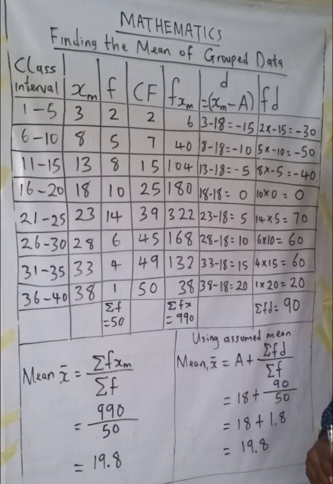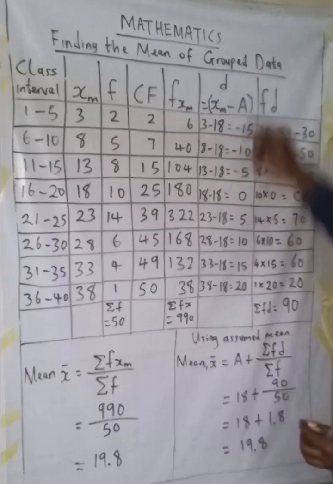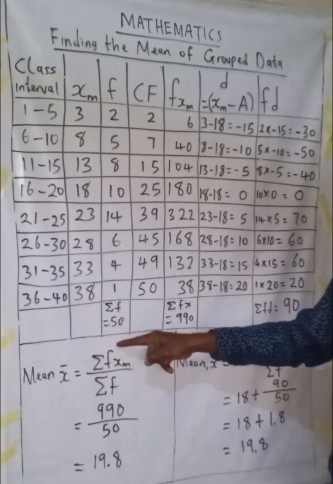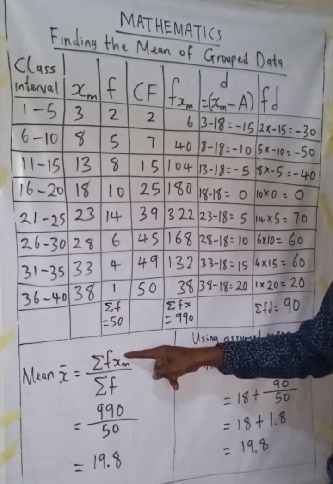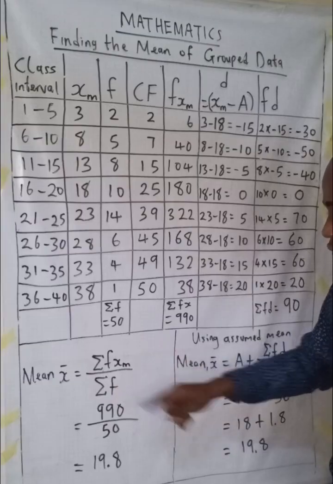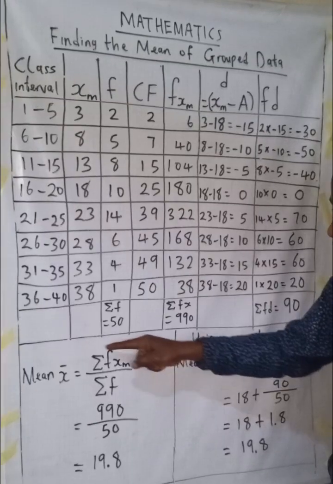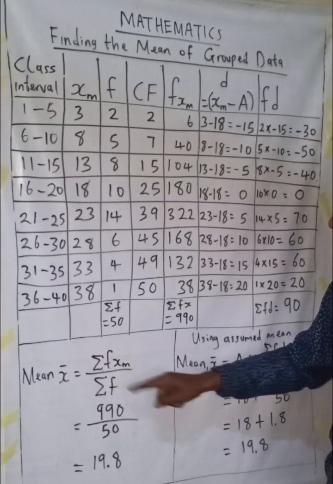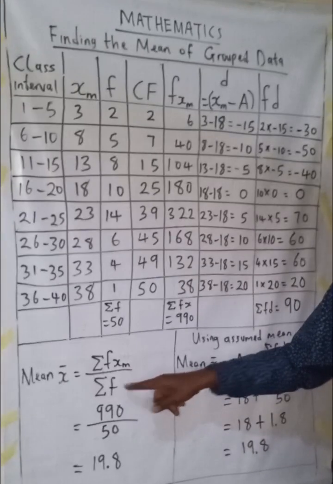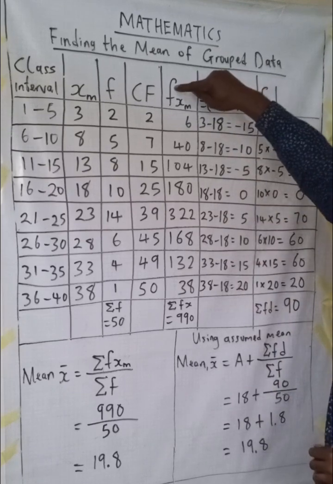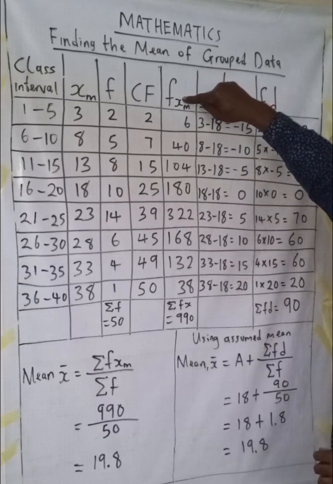Now let's go back to the formula for the mean of grouped data without using assumed mean. It is summation f times the mid value, all over summation f. So we have to find f times mid value, add all together, then divide by the addition of the frequencies. So you do it this way: f times x.